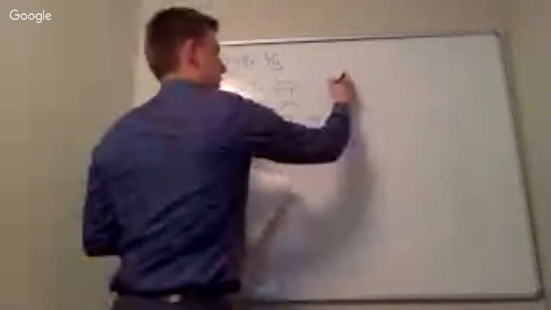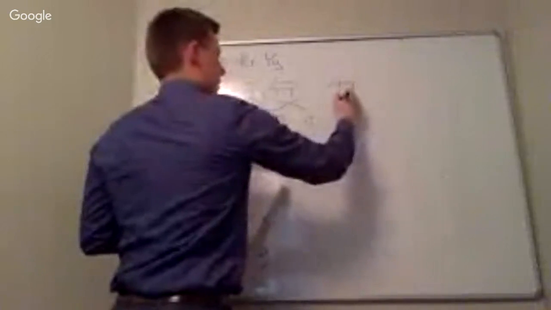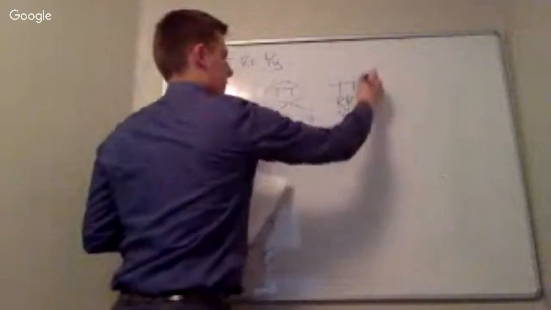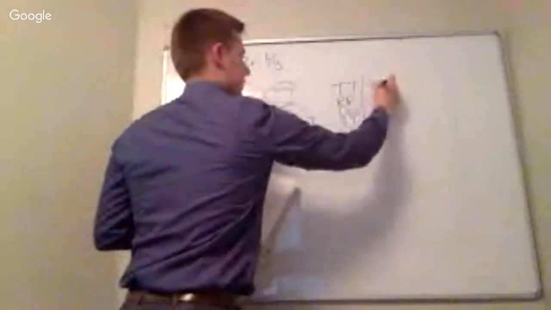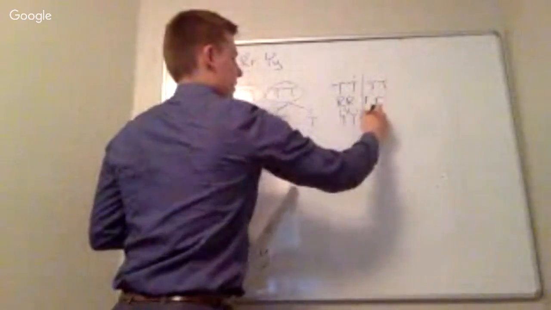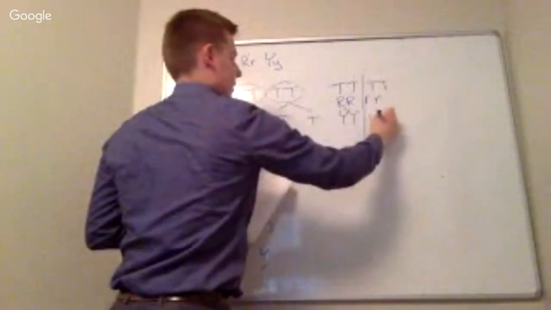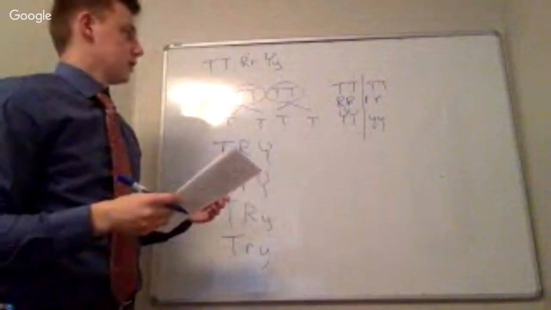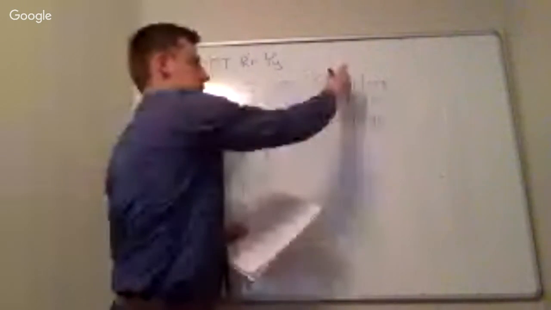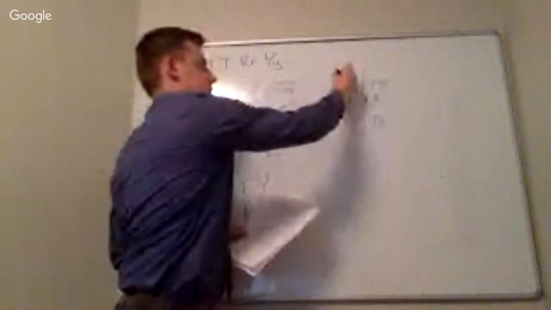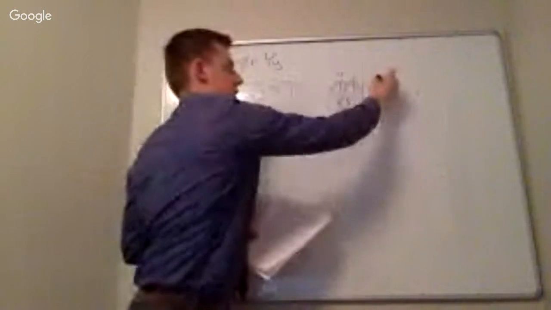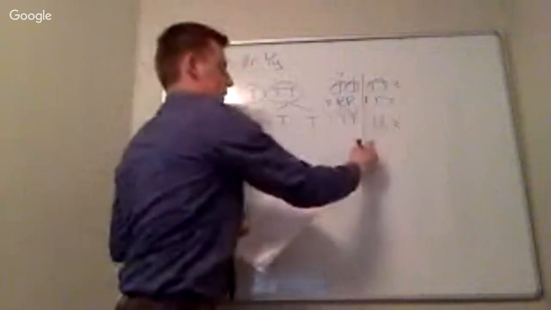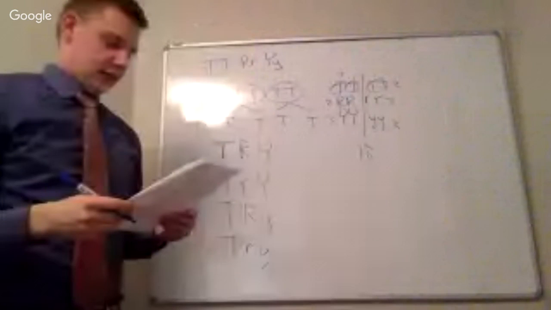So right now we have T, let's say R, just an example, big Y, and then we have homozygous T, homozygous recessive R, and homozygous recessive Y. Now, for each of these, there's 1 sister chromatid per each of these. So this one has 2, this one's going to have 2, this one's going to have 2, this is going to have 2, this is going to have 2, and this is going to have 2. And so if we add all those up together, we get 12 sister chromatids.